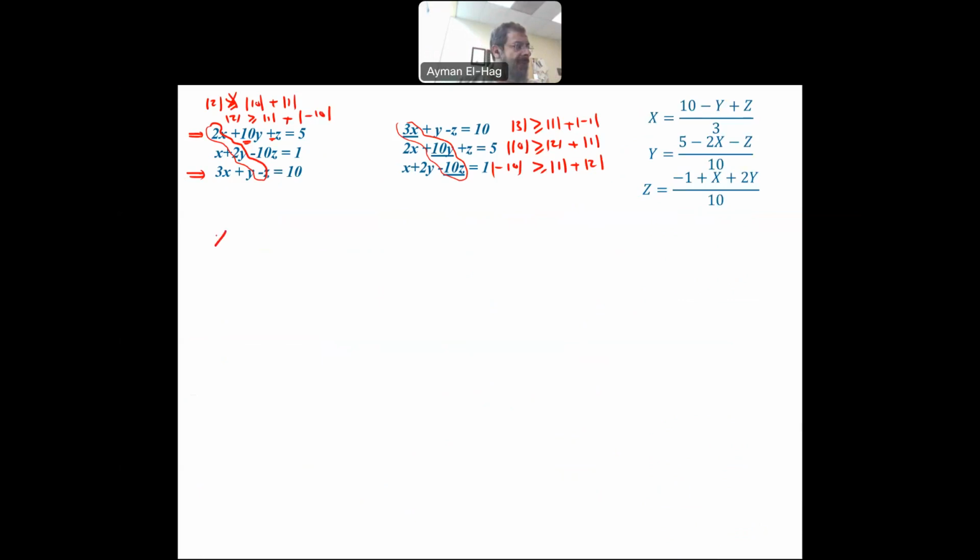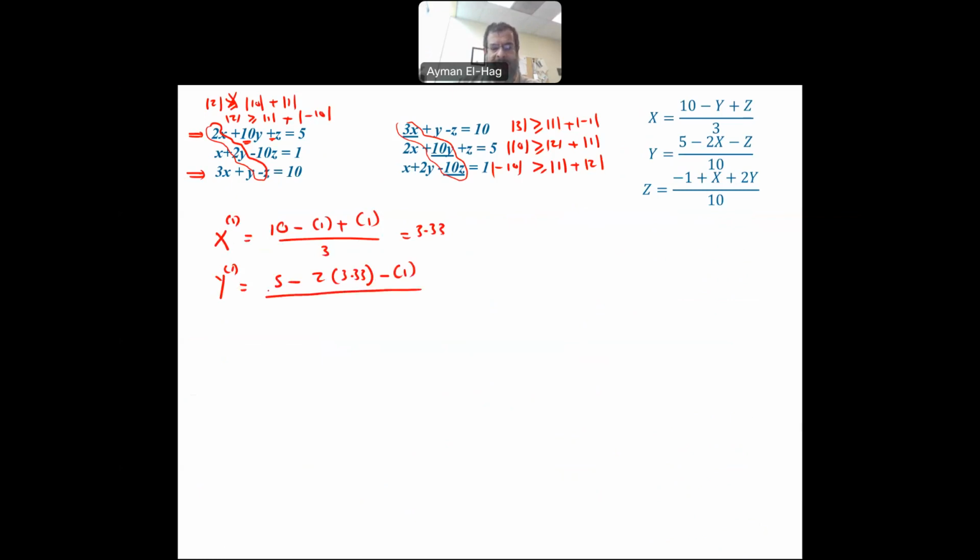So we'll go here for x, first iteration is equal to 10 minus, now y is 1, plus z is 1, divided by 3, and this will give me 3.33. Then we'll go for y, the first iteration was equal to 5 minus 2x, which is 3.33, minus z, which is 1.